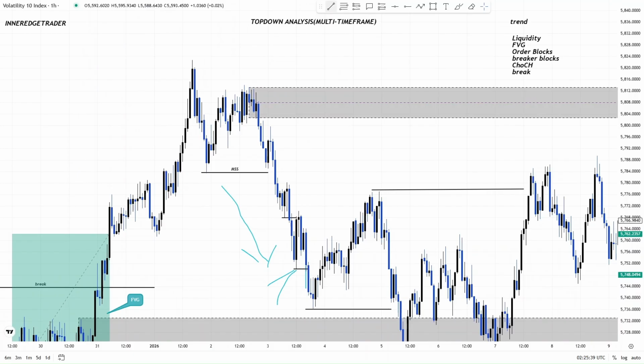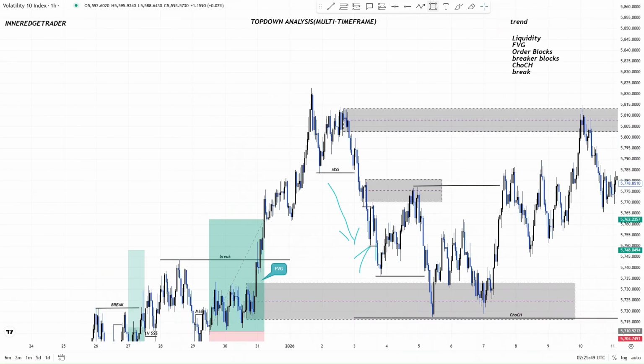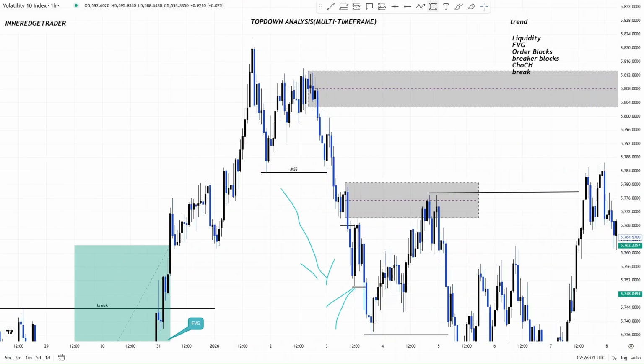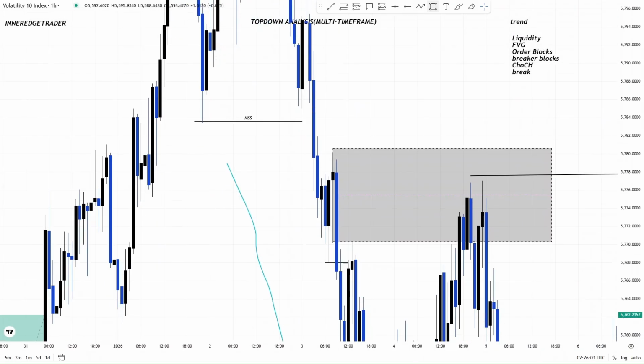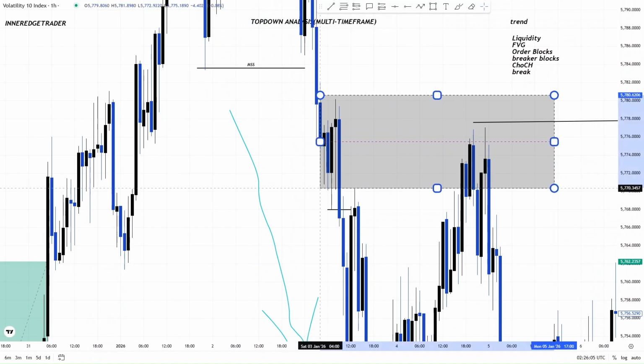Now this looks to me like an order block, but I doubt I would have taken this trade because there was no real support to my reason to enter. There's no fair value gap. There's an order block, but it's already mitigated.